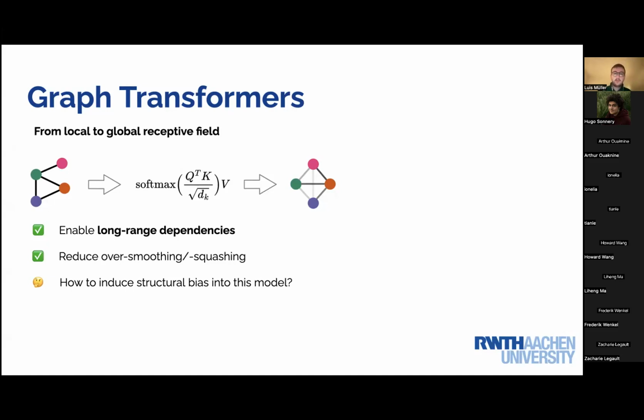Because of course it aggregates globally, but it still needs information about the graph structure. Otherwise, it just considers a set of nodes. And the inherent motivation of doing graph learning is to also infer information from the structure, so the way that the representations are connected. So this is, I would say, the biggest challenge in designing graph transformers.